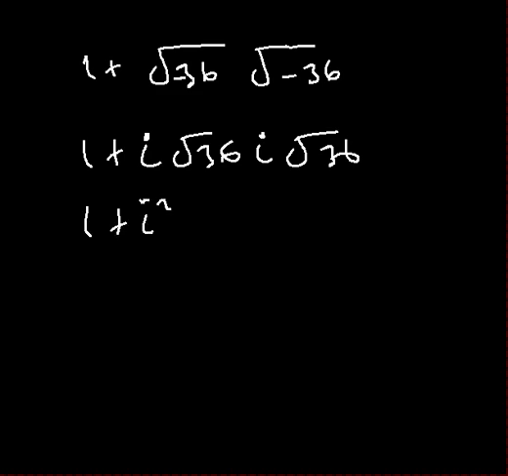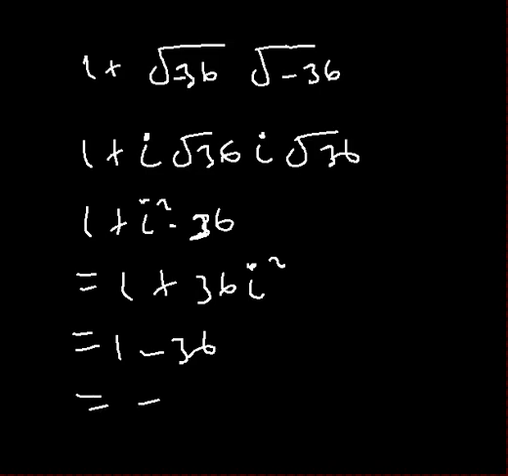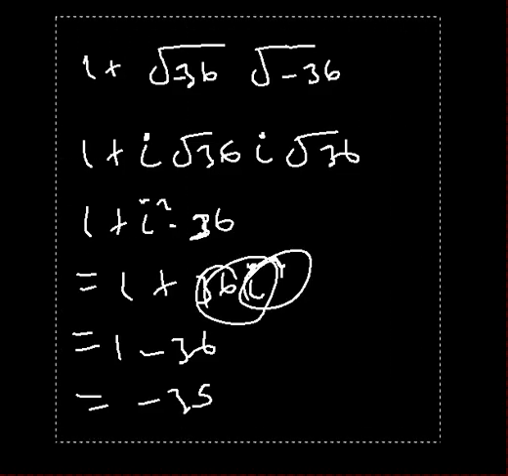That is the square root of 36 times the square root of 36, which is 36. So that is 1 plus 36i squared, which is the same as 1 minus 36, which is negative 35. Since i squared is negative 1, that's negative 36 now. So that's how we can simplify that.